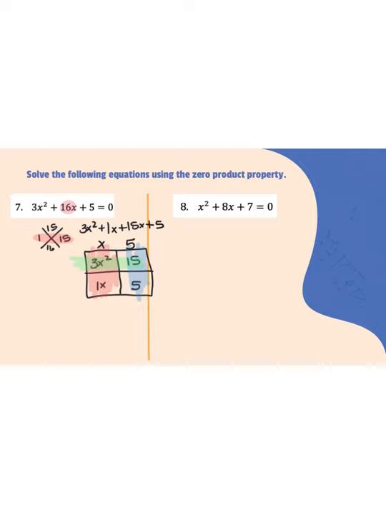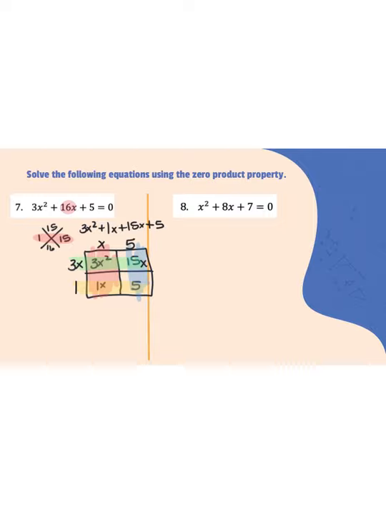I apologize, I missed that, so I'm going to put an x there. So 3x and 15x, they both have a 3 and an x in them. So I'm going to put a 3 and an x out front. And then finally, we have 1x and 5, and they both have just a 1 in them.